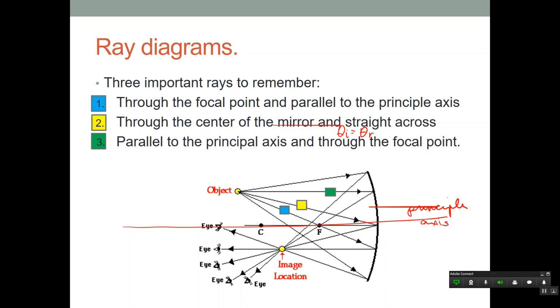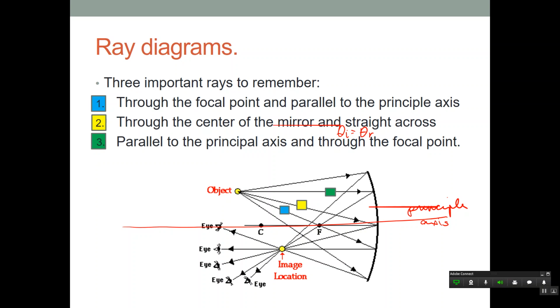Just looking at this, what kind of mirror do I have? Concave mirror. Is this a converging or a diverging mirror? Converging, because look, let's take ray B for example. Ray B is going parallel to the principal axis, and once it's reflected, it goes towards the center, so it converges the ray, right?